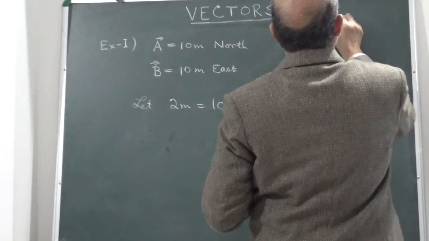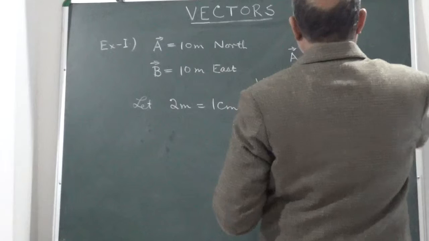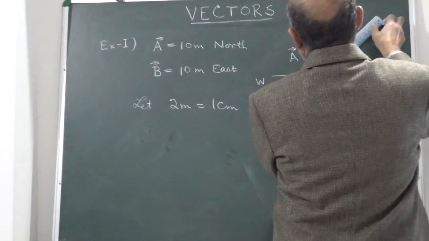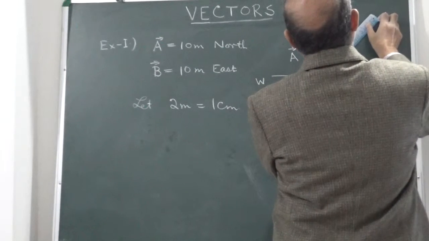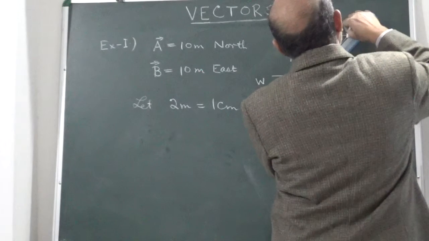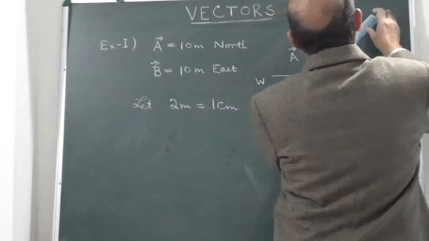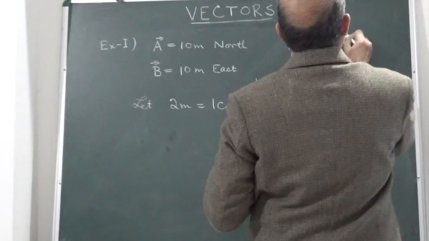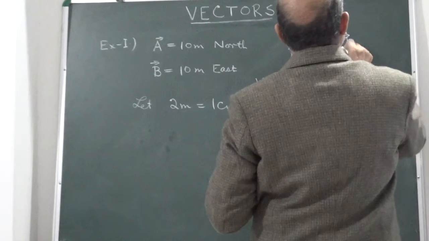This represents vector B. So A plus B is this length, the resultant.